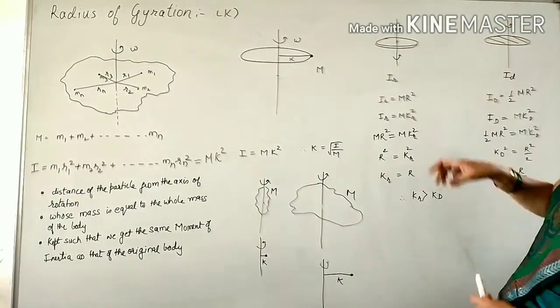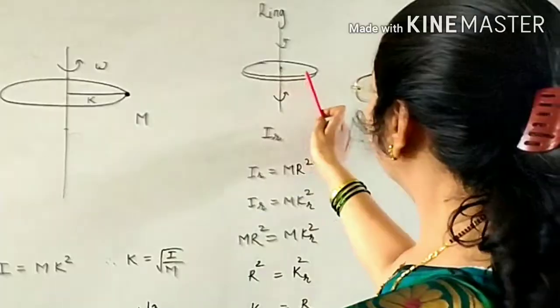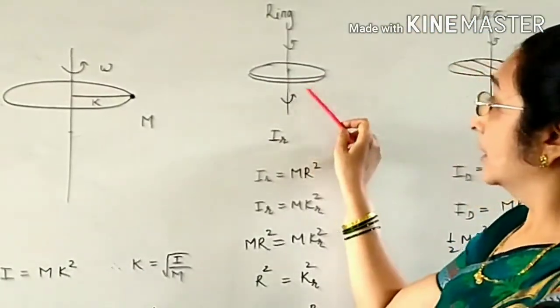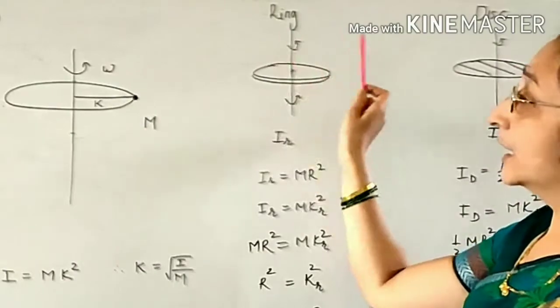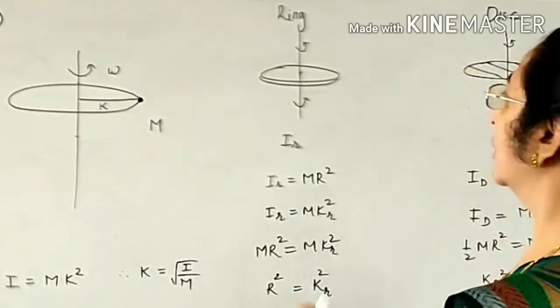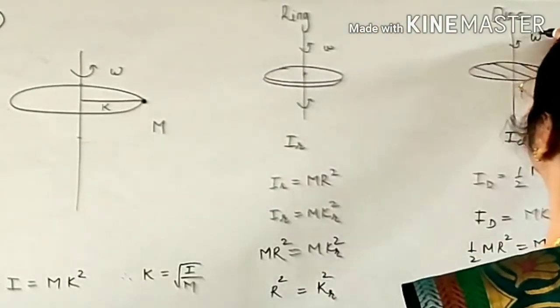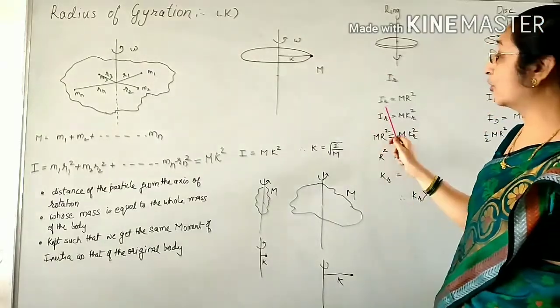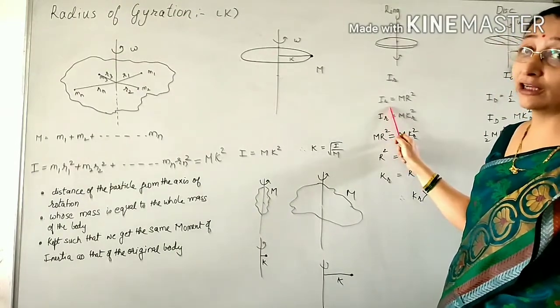Now, we consider a ring, and the ring is rotating with angular velocity omega about an axis perpendicular to its plane.